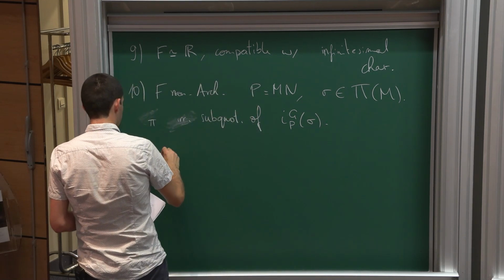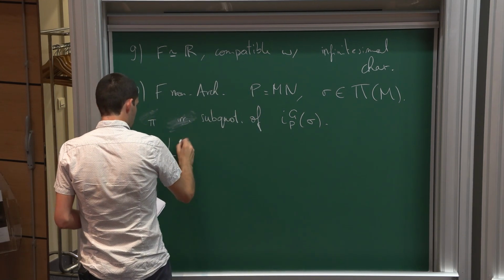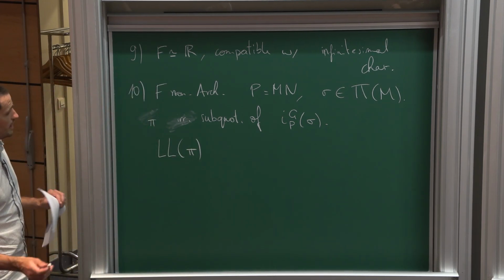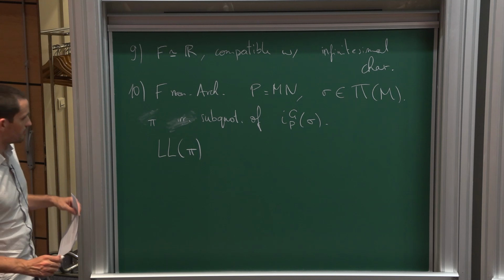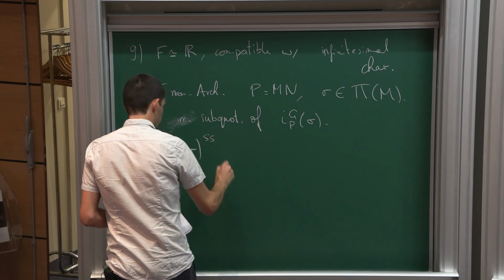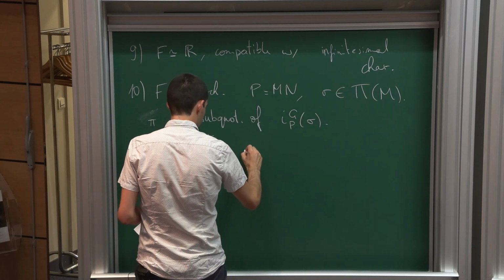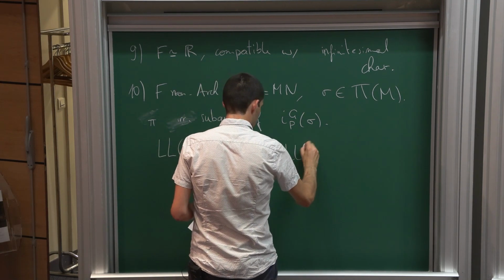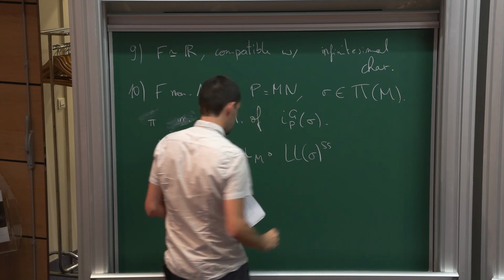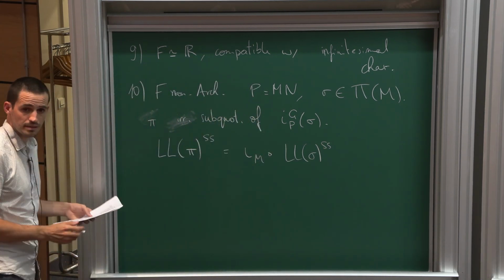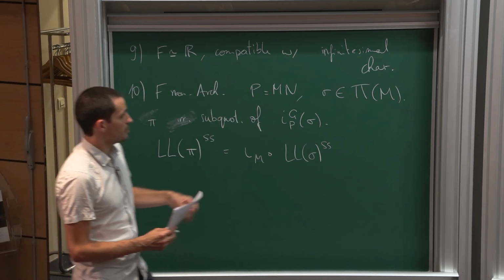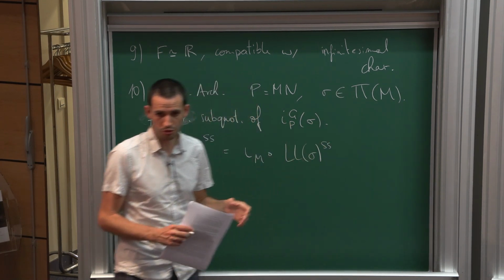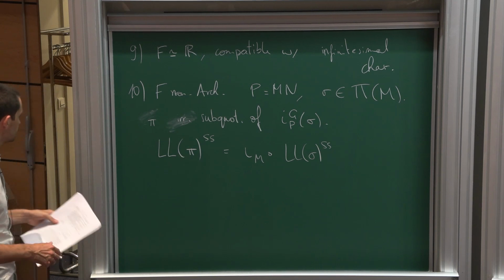Then we should have that, so this time the local Langlands parameter of pi is not determined by that of sigma, but its semi-simplification is. What is sigma here? Any irreducible smooth representation of M, and actually you can reduce to the supercuspidal case. There's no loss of generality.